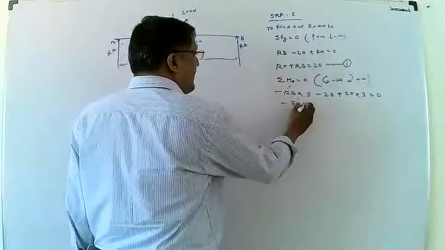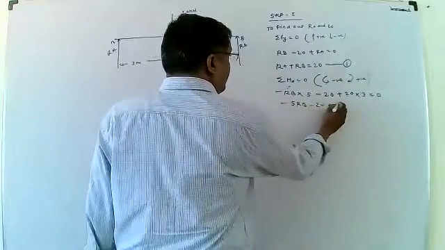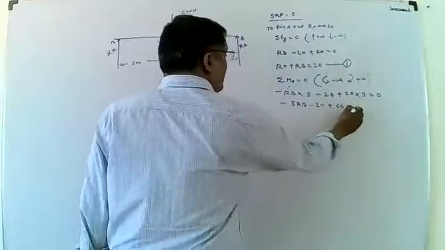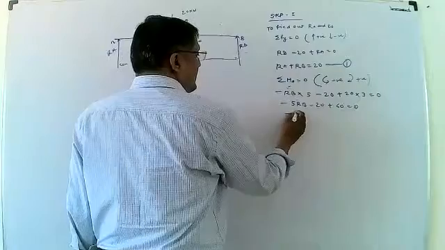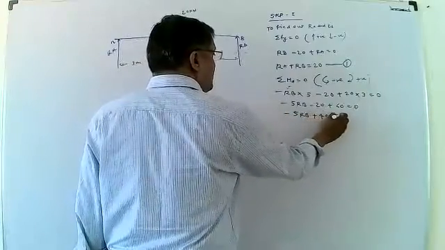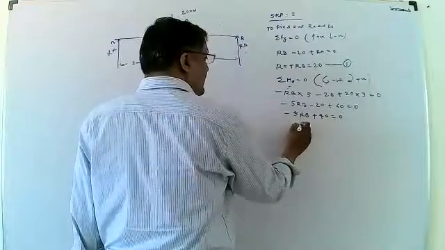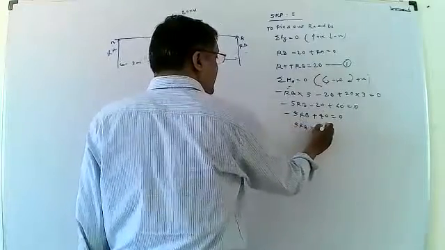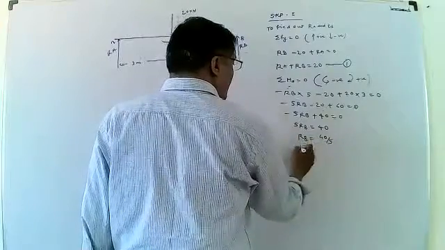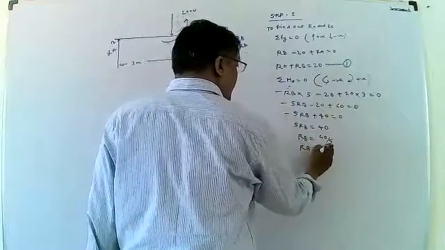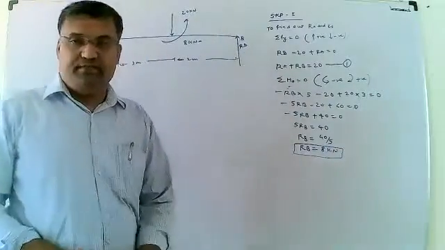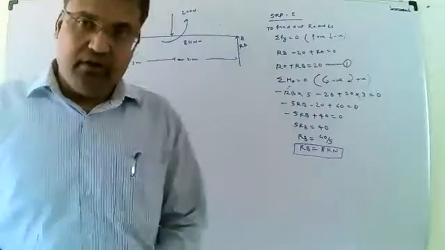Minus 5 RB minus 8 plus 60 is equal to 0. Minus 5 RB plus 52 is equal to 0. 5 RB is equal to 52. RB is equal to 10.4 kN. This is the reactive force at B.